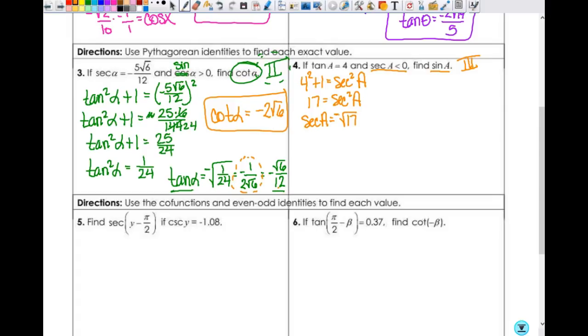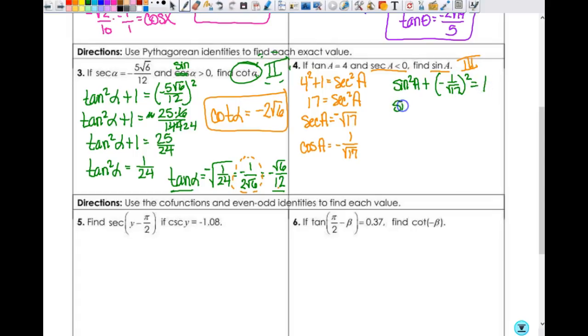Well, I need cosine, so I can use the other Pythagorean identity. So the cosine of A is equal to negative 1 over the square root of 17. Now, I could rationalize right here, but I don't have to, because this isn't my final answer. If it was my final answer, I'd have to fix it, but it's not. So I'm going to leave it like that, and I'm going to use sine squared A plus cosine squared, which is negative 1 over the square root of 17 squared, equals 1.